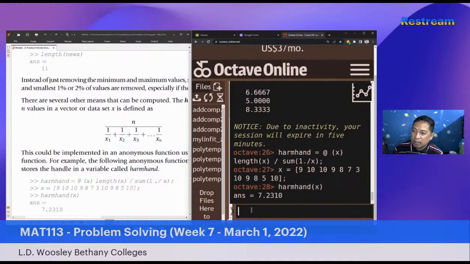Okay, so we could do that, no? That harmhand variable could compute the harmonic mean of an expression.